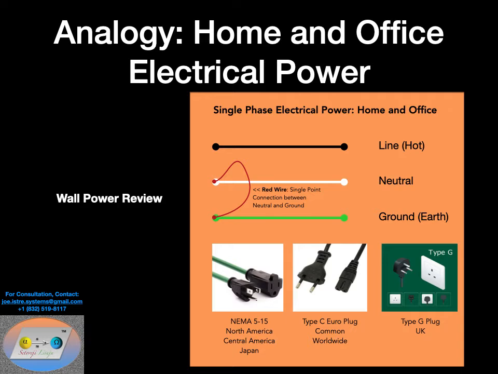It's a very similar concept, but with an opposite approach to battery systems. So this is for single phase electrical power for home and office, 120 volts for North American circuits. Okay, let's go on to the next slide.